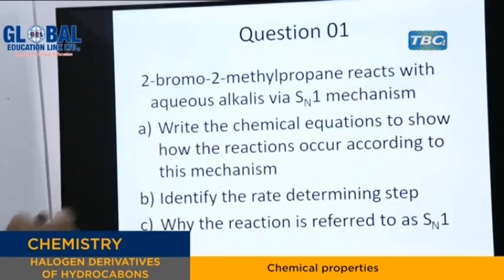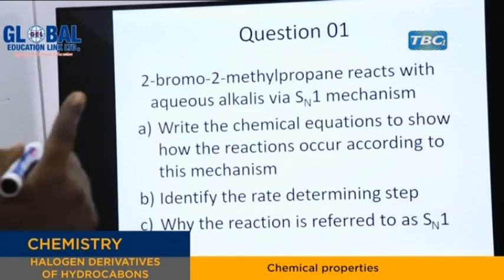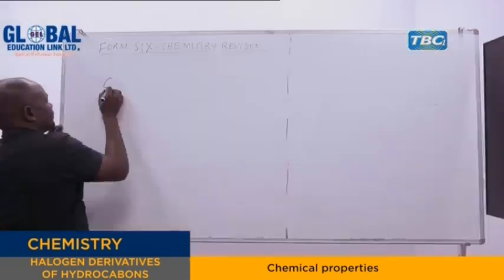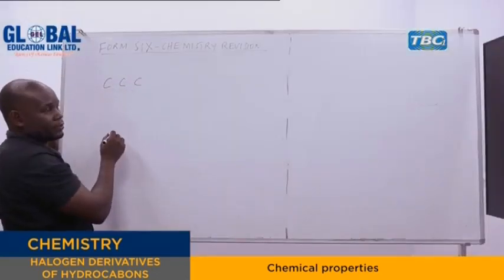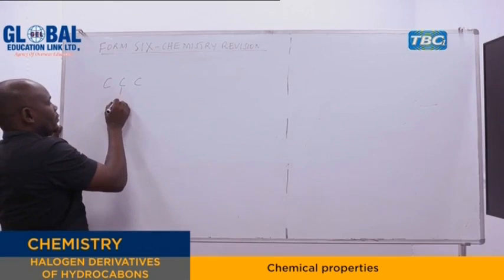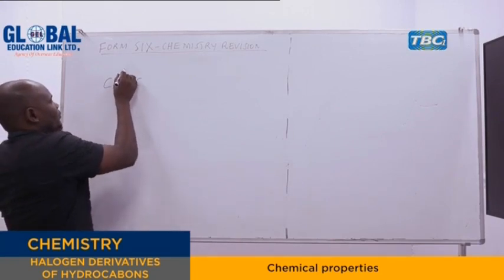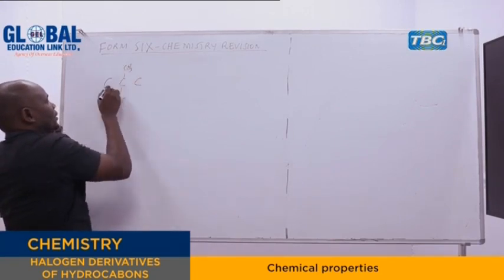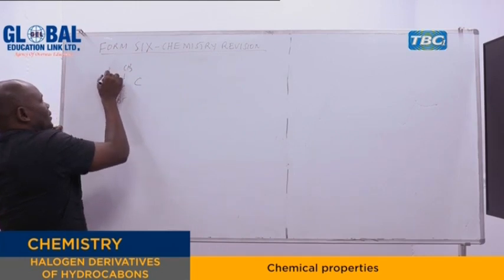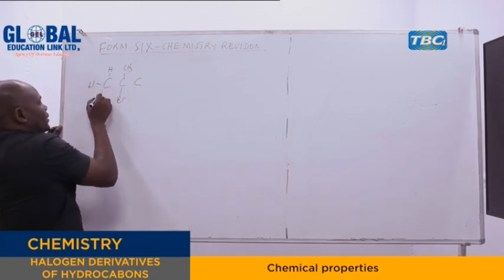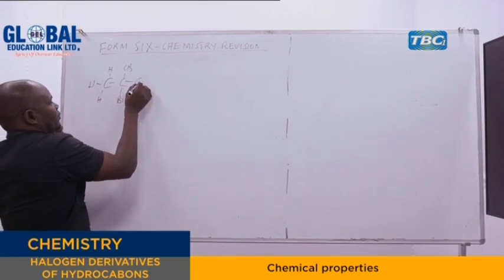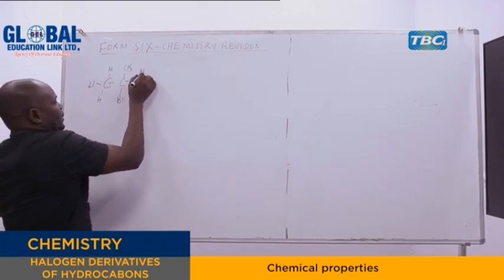2-bromo-2-methyl propane: our longest chain is propane, so it has 3 carbon atoms. To carbon number 2, we have bromine, and we also have CH3. Here we have hydrogen, hydrogen, hydrogen, and there we have also hydrogen, hydrogen, hydrogen.